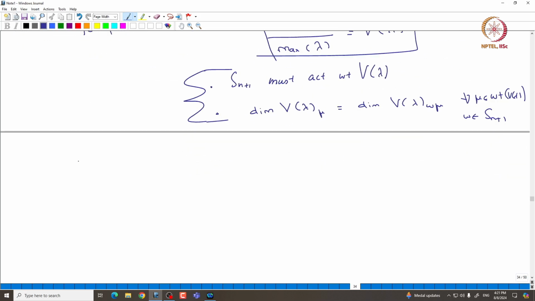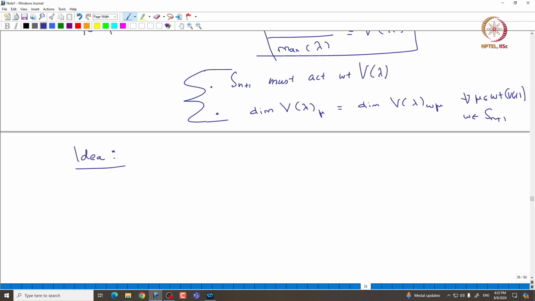So, let me just write the idea. We will work it out later. First, we will prove that there is a natural action of S_{n+1} on the weights of V lambda. To get that, it is enough to get the action of the generator, which is s_i.